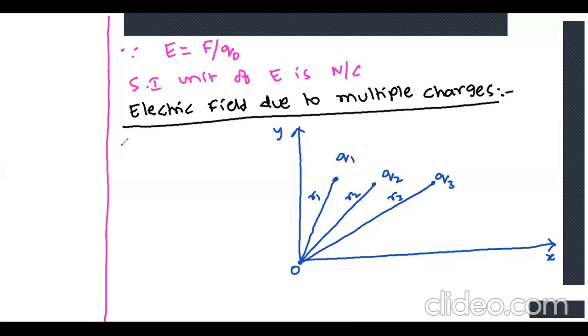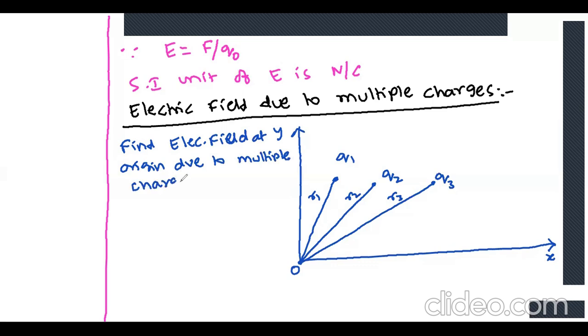Now, I want to find electric field at origin due to multiple charges. That is, I need to find E naught.